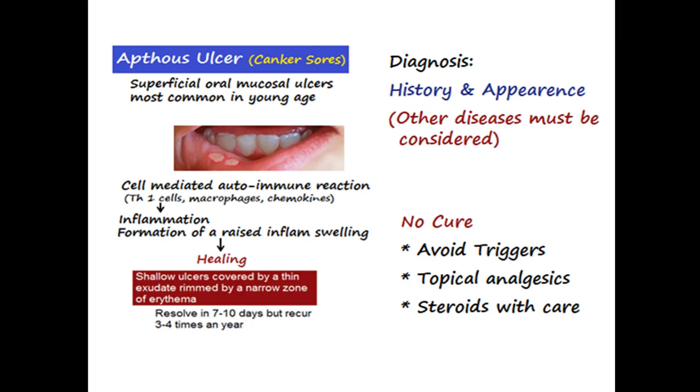Now, for simple Aphthous ulcers, there is no treatment, there is no drug, but what we can do is we must tell the patient to avoid the triggers. Particularly in major Aphthous ulcers, if the patient suffers from severe pain, we can advise some locally acting topical analgesics like lignocaine to relieve the pain.